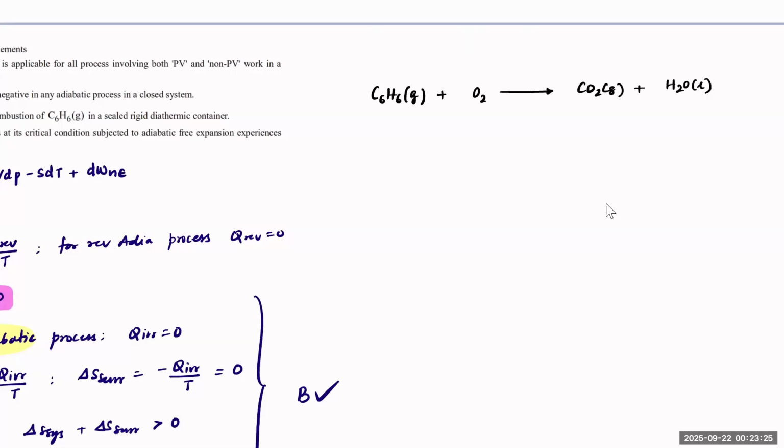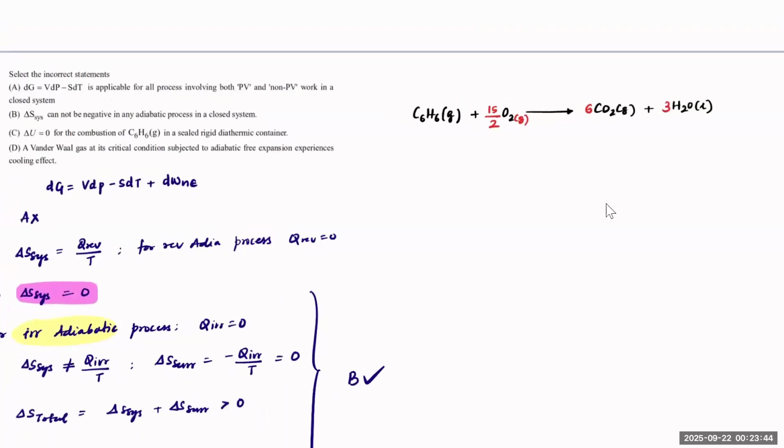If you balance it, you will get 6 carbon dioxide here and 3 water molecules here, so 15 by 2 oxygens here. Got it? This is the balanced equation.